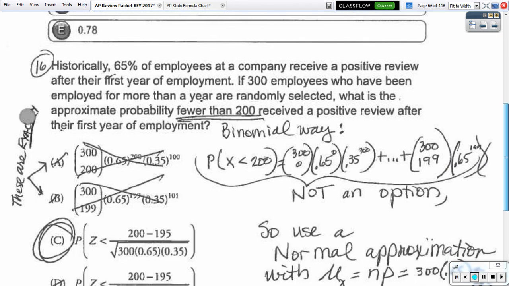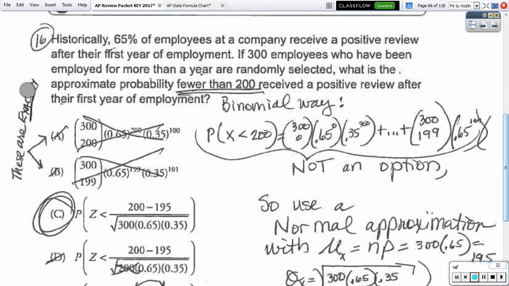Next, here we go. This is, again, turning a binomial problem into estimating it with the normal model. You can see that it asks you for fewer than 200. If you were to do this the binomial way, then you would go from 0 successes up to 199 successes.